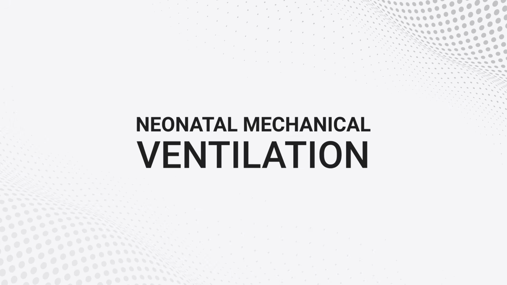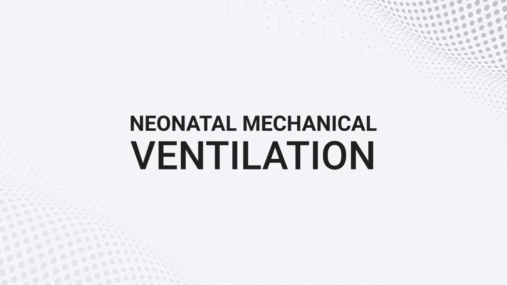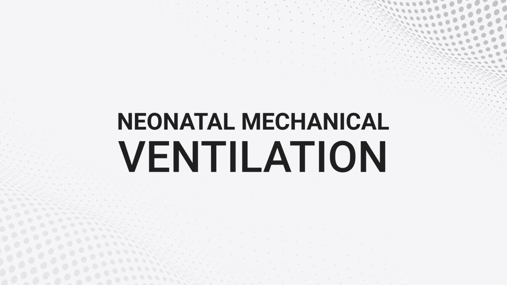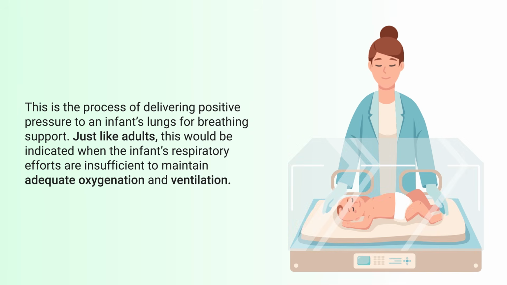And since I've been spending this entire time talking about mechanical ventilation in adults, I feel like I also need to talk about neonatal mechanical ventilation, which is the process of delivering positive pressure to an infant's lungs for breathing support. Just like adults, this would be indicated when the infant's respiratory efforts are insufficient to maintain adequate oxygenation and ventilation.